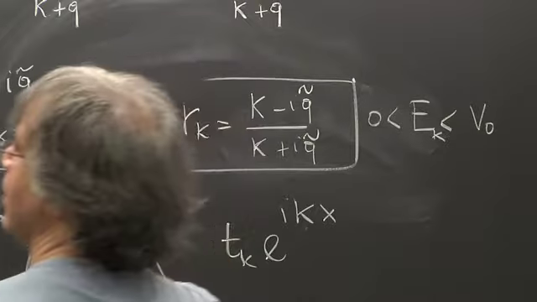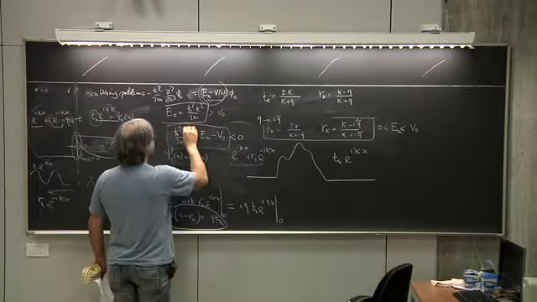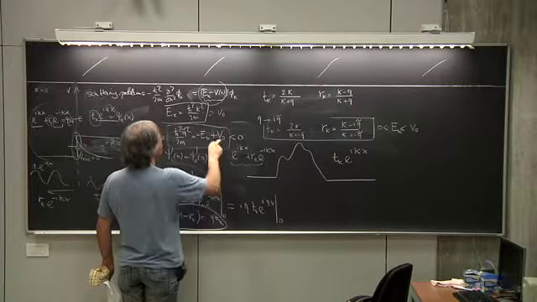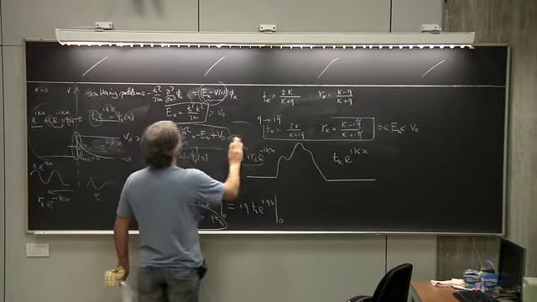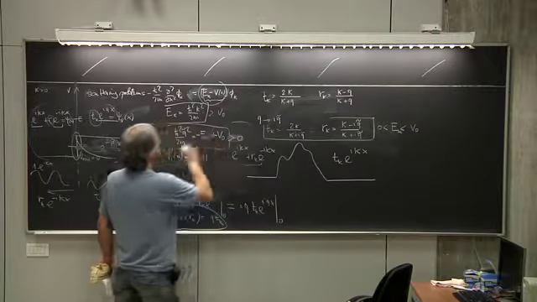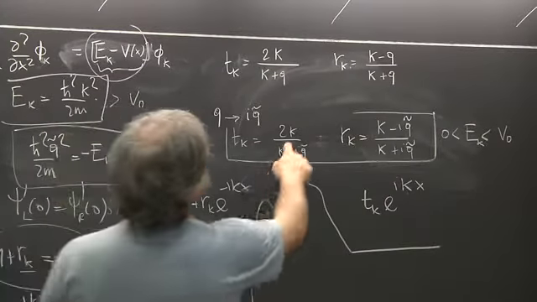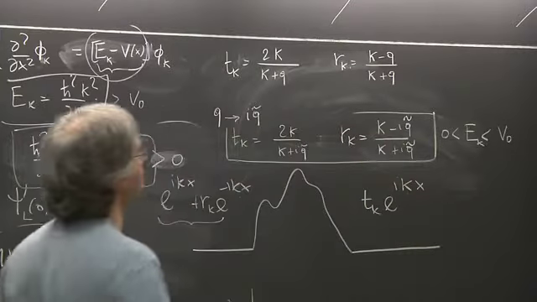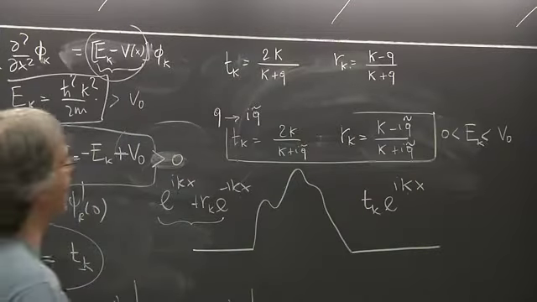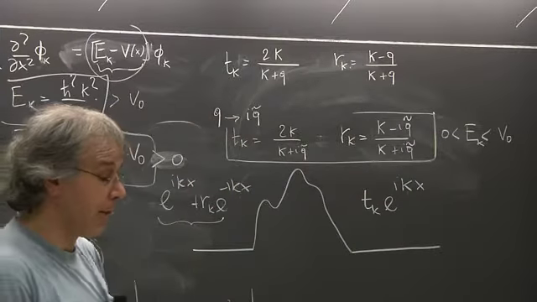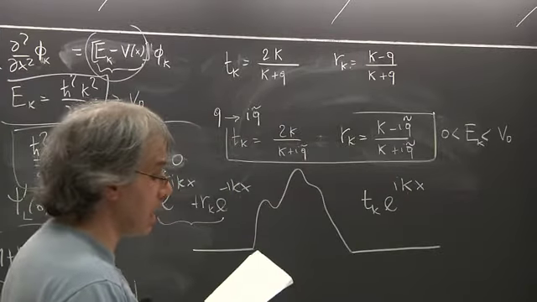K, Q tilde, by the way, Q tilde is given by exactly the opposite thing. So it's V0 minus E, which is now positive, obviously, okay? So you can calculate the ingredients in these two equations and tell me what is R, the reflection amplitude, and T, the transmission amplitude.